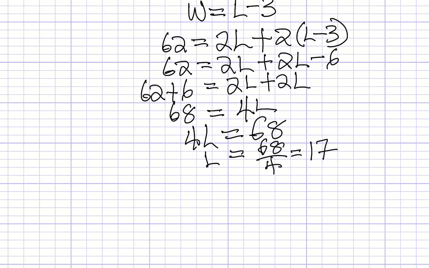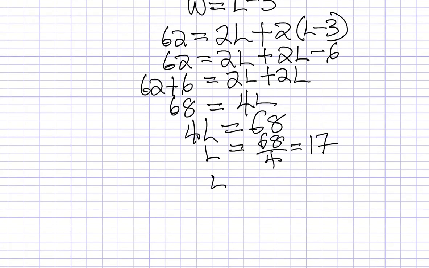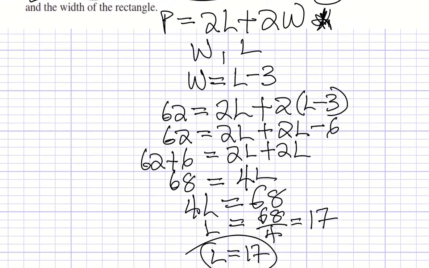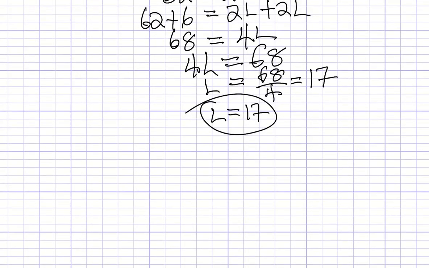You can check that. Make sure we did it right. 68 divided by 4, yes, is 17. So basically that means length is equal to 17. If length is 17, remember here, we can find the width.